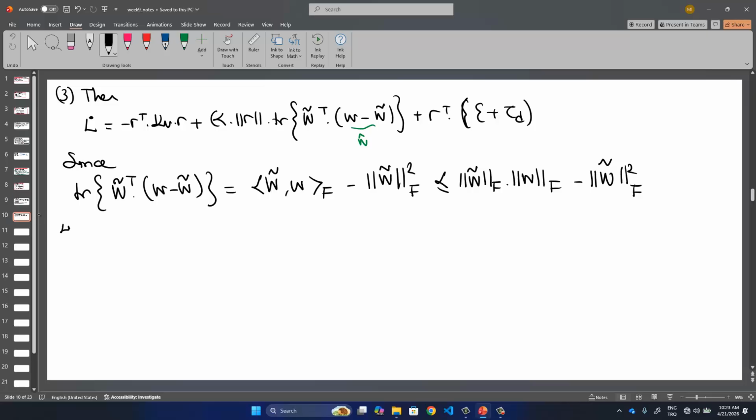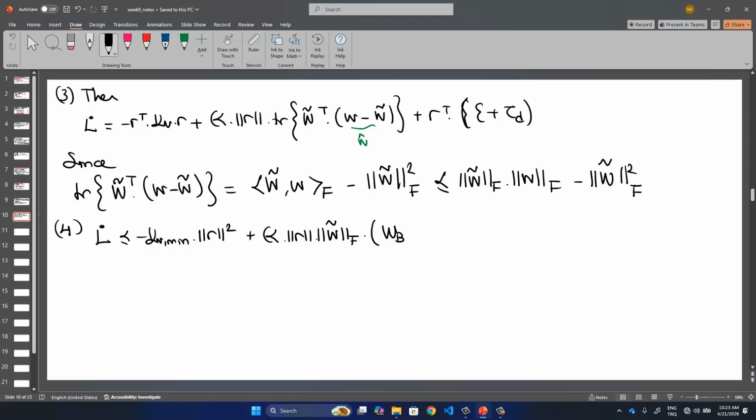So if we bound these terms just like this one, L dot is less than or equal to minus K_V min times R squared. Where is it coming from? This is coming from these terms, okay? And also the kappa term, norm of R times the Frobenius norm of W tilde, and in here W is replaced with W_B because it's our assumption, right?